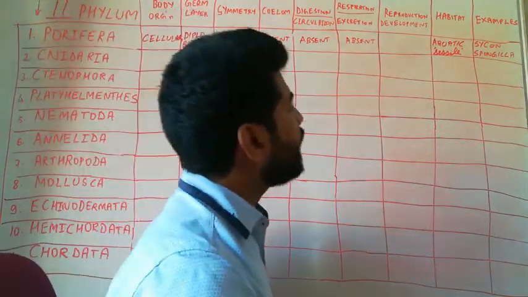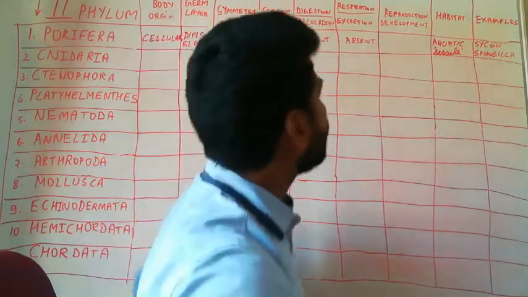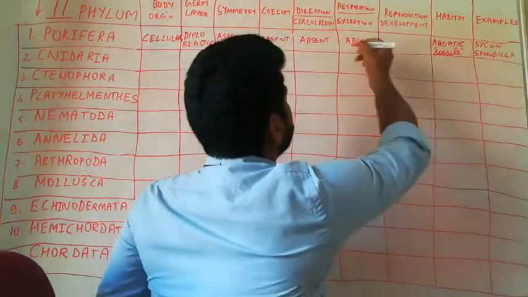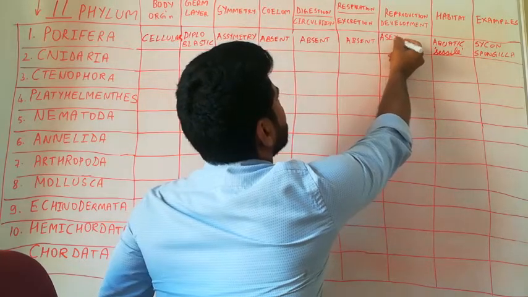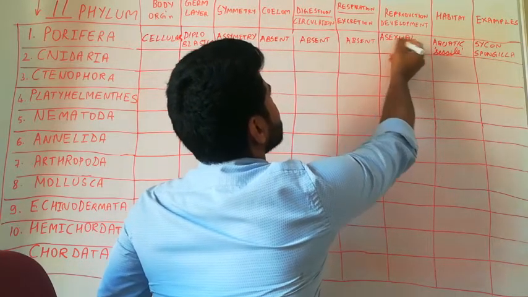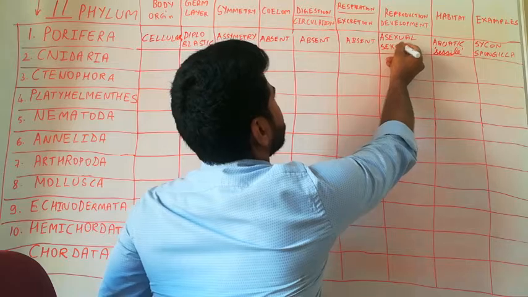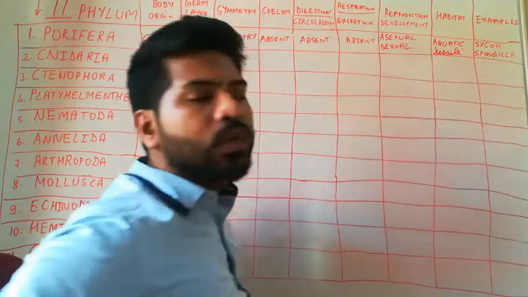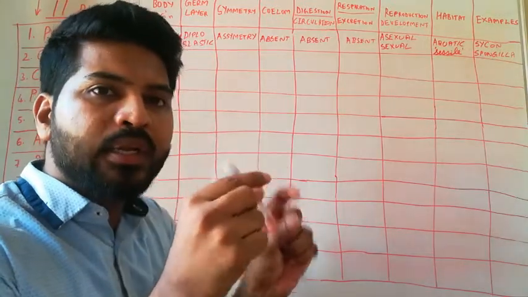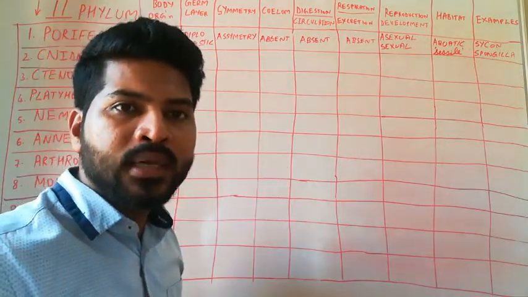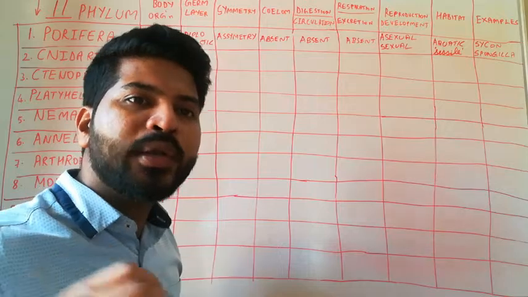Coming to reproduction, the mode of reproduction in Porifera is both asexual as well as sexual. In asexual reproduction, the body of the sponge can break into pieces, that is fragments, and these fragments can grow into a new sponge.